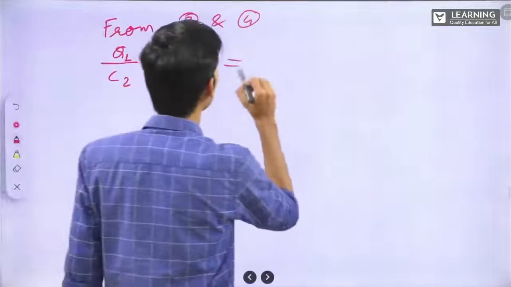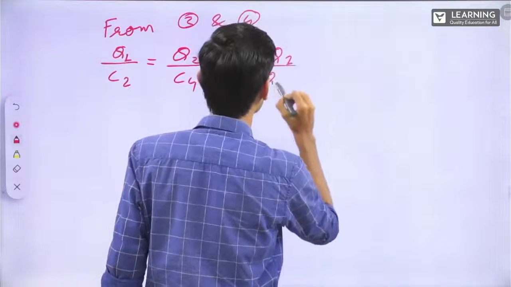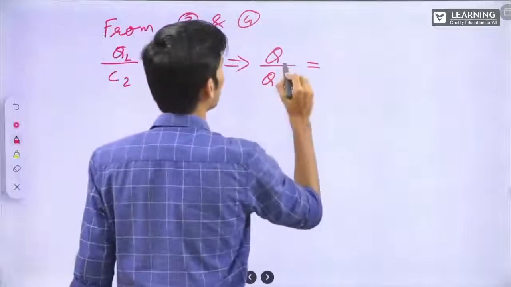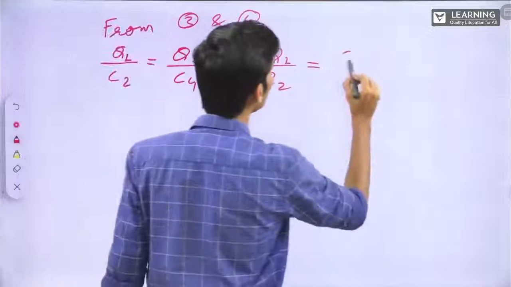From here I can write Q1 by Q2 is equal to C2 by C4.